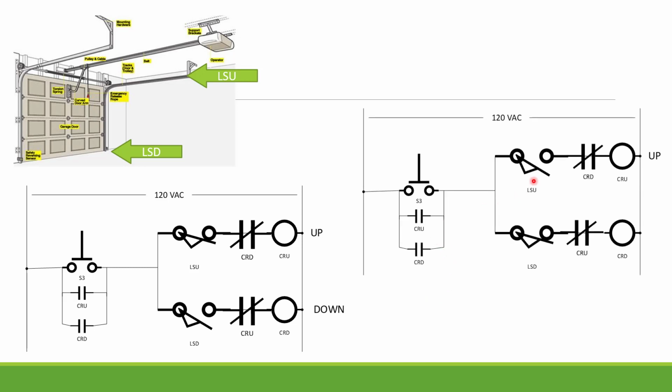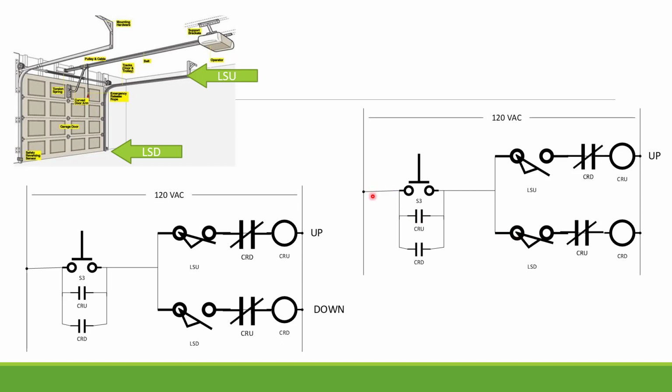then you have this situation where this opens up, disabling this coil. And when I hit the button the second time, the only option that it has is to go down. Now remember, this closed right after the door started to go up. It closed and was ready for the next push button to make it go the other way.